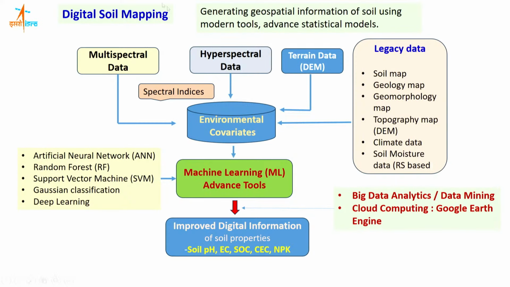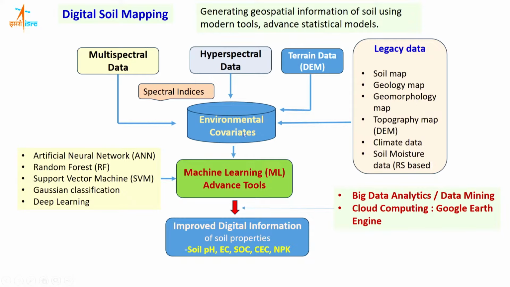A little more description: in digital soil mapping, we use multispectral data for generating the environmental covariates. If hyperspectral remote sensing is available, we can use it. We can use the digital terrain model, legacy data or old soil maps, geology maps, climate data, and soil moisture maps also.